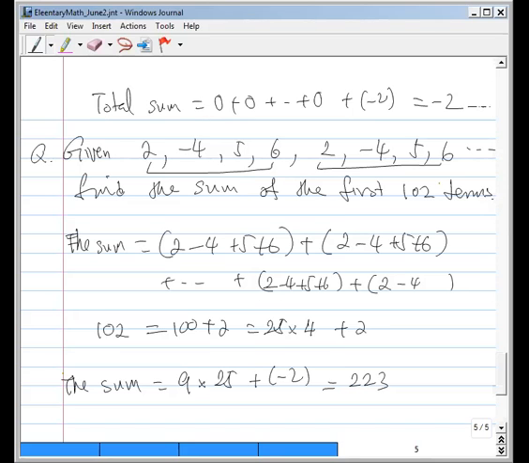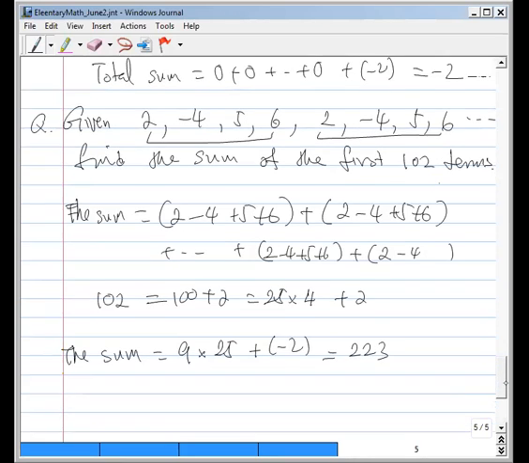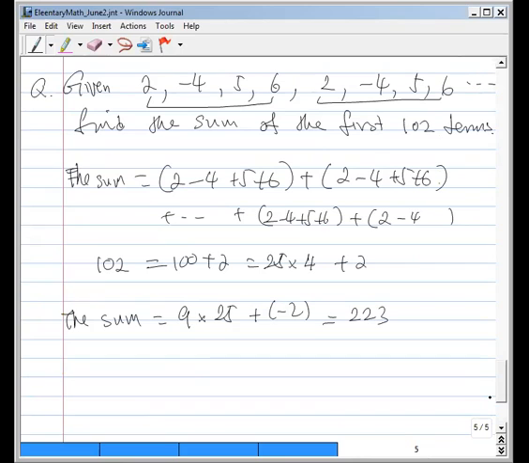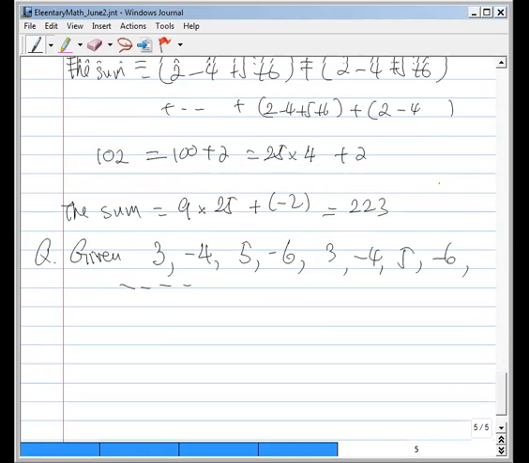Okay, so I see that only a couple of students did it correctly, so I still have to ask you the question. Given the numbers 3, -4, 5, -6, and then 3, -4, 5, -6, and keep it going.